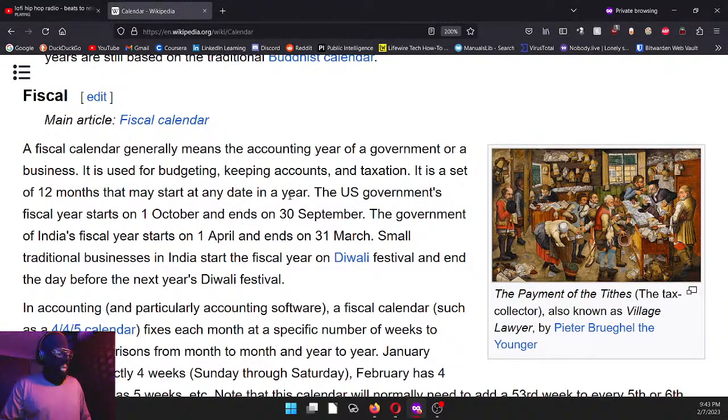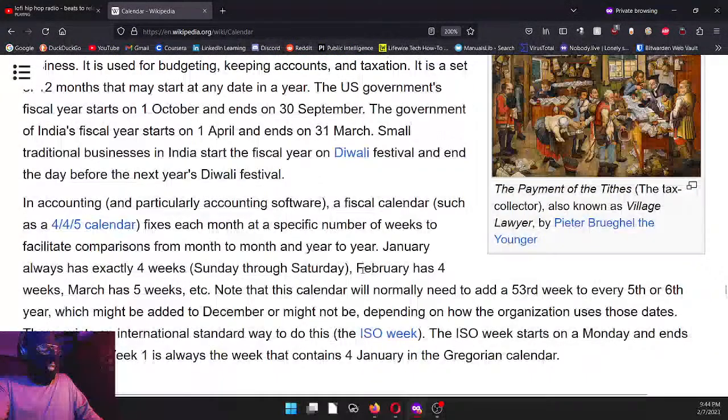The U.S. government's fiscal year starts on 1st October and ends on 30th September of the following year, so the whole year cycle. The government of India's fiscal year starts on 1st April and ends on 31st March. You have a year cycle. Small traditional businesses in India start the fiscal year on the Diwali festival and end the day before the next year's Diwali festival.